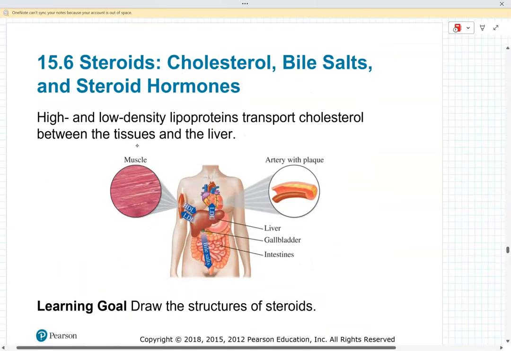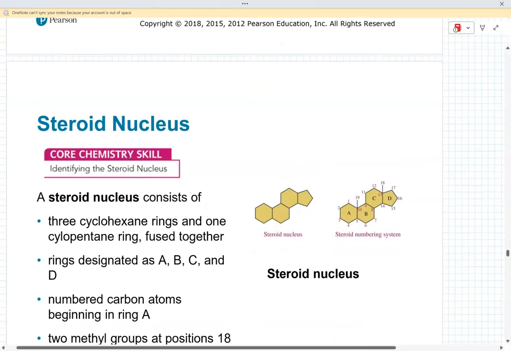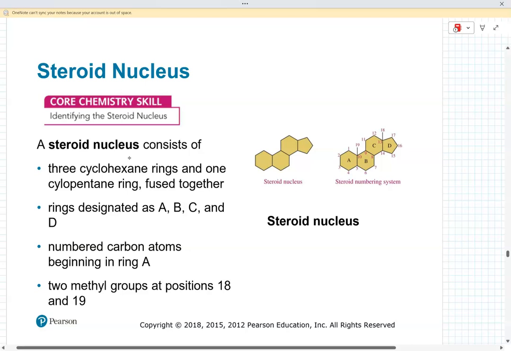So now we're going to talk about steroids, cholesterol, bile salts. I'm going to highlight some of the misconceptions regarding these. But let's start with the definition of a steroid.